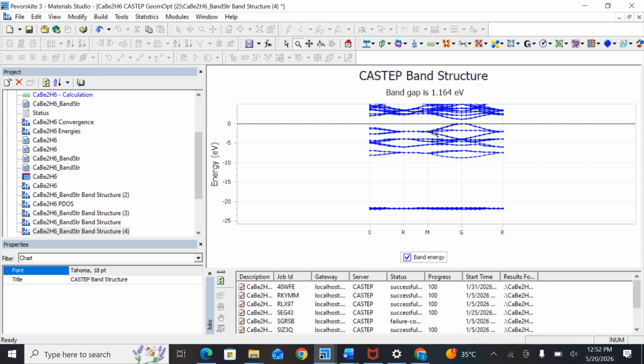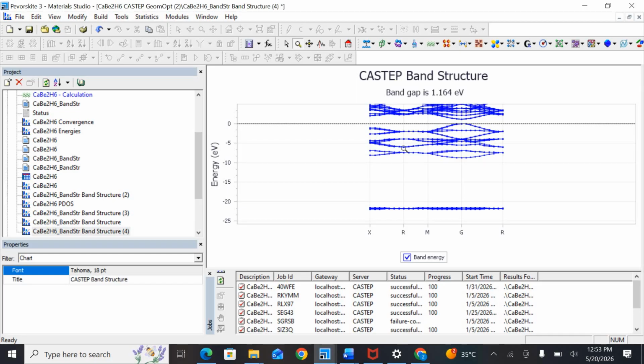In this case, a phonon is required to conserve momentum during the electronic transition. This is very important because direct band gap materials are very efficient for optical applications, and indirect band gap materials are less efficient for light emission but still useful in electronic applications. So from the band structure, we determine not only the value of the band gap but also its nature, which is very important for understanding material applications.